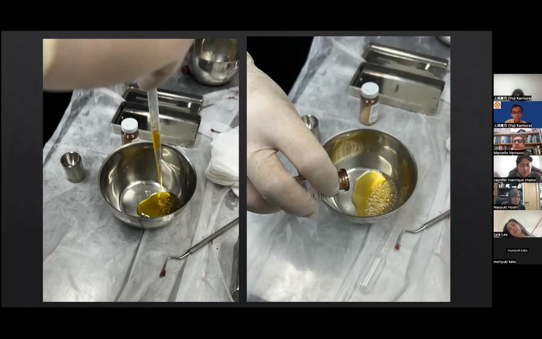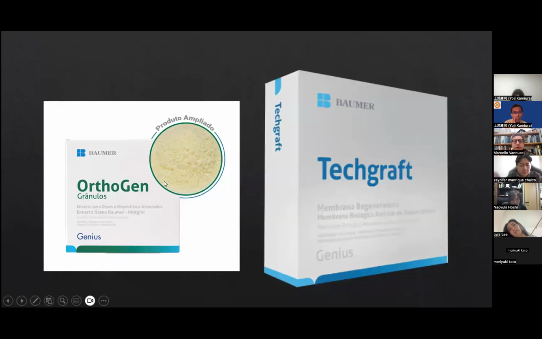When you use the centrifuge with less time and less velocity, you have a different kind of aggregate. For the biomaterial, we use Orthogen, a Brazilian product similar to Geistlich products, and Tachygraft is similar to the Geistlich membrane.